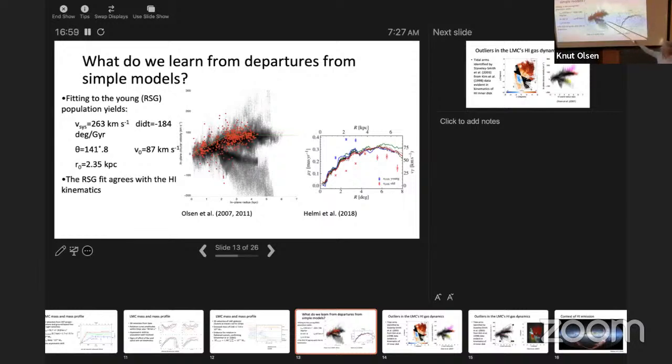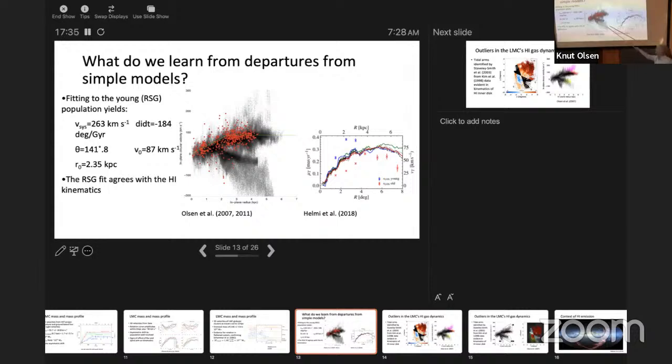We're overplotting them on top of H1 gas velocities, where we've basically taken the line of sight velocities from the H1 and assumed that the velocity signature is due to in-plane circular motions. The bulk of that gas traces the young stars very well, as you would expect, because that's where the young stars form.